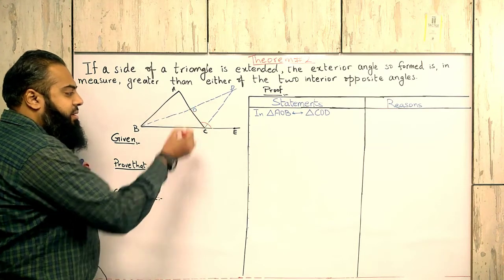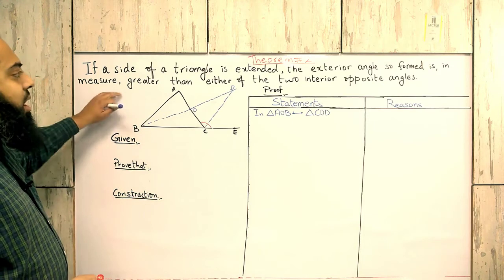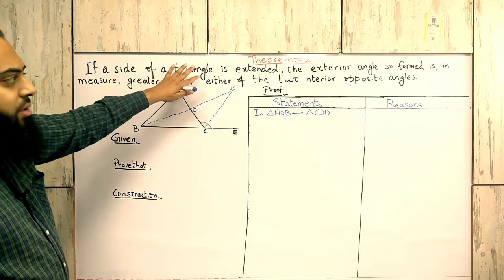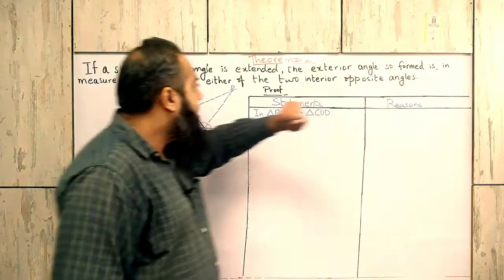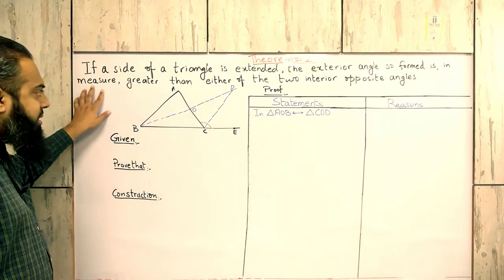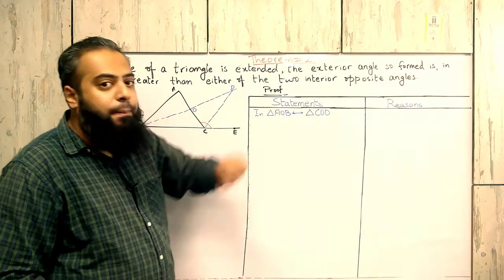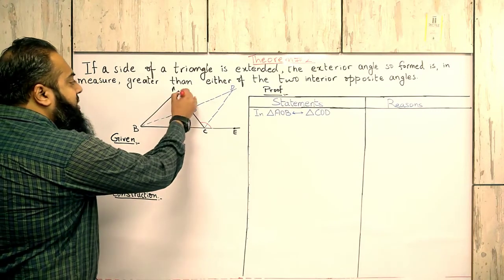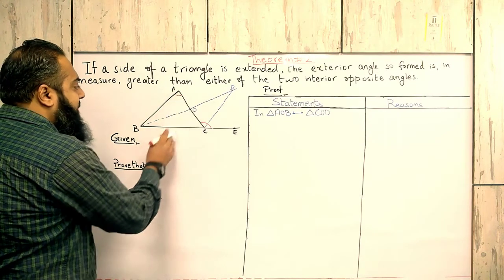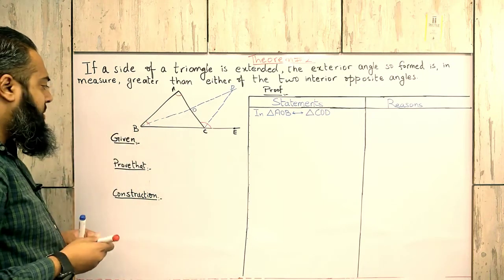And as we have the exterior angle, according to the objective of the theorem, the exterior angle so formed is in measure greater than either of the two interior opposite angles. Now what are those angles? Interior opposite angles in this figure are angle A and angle B.